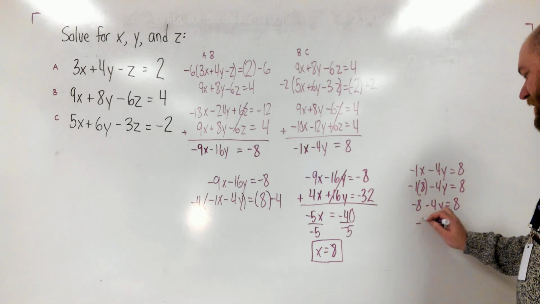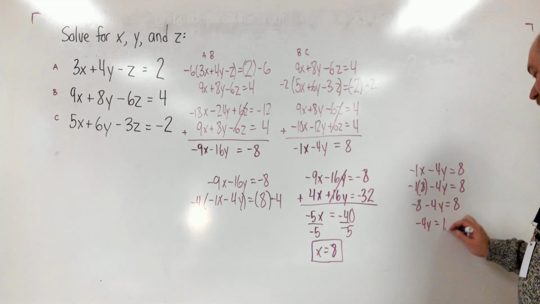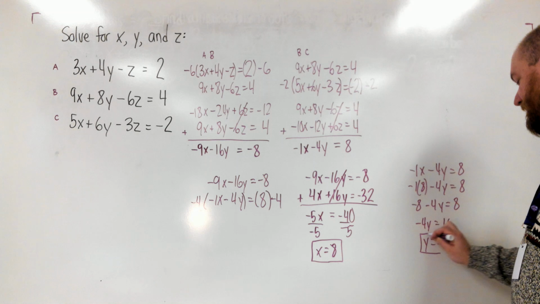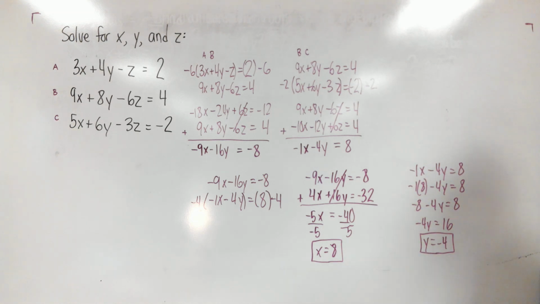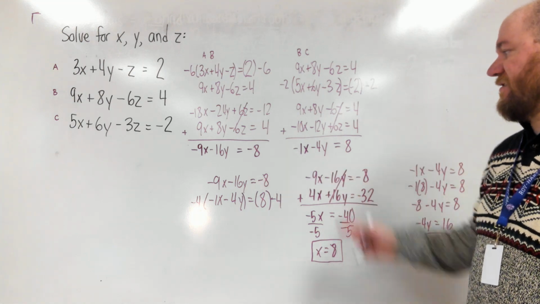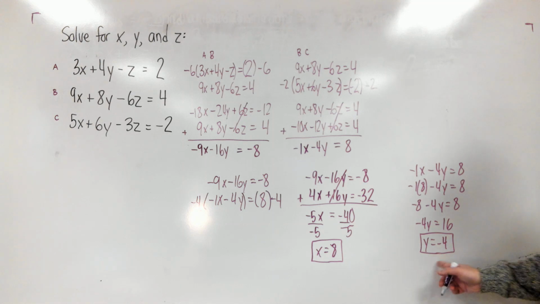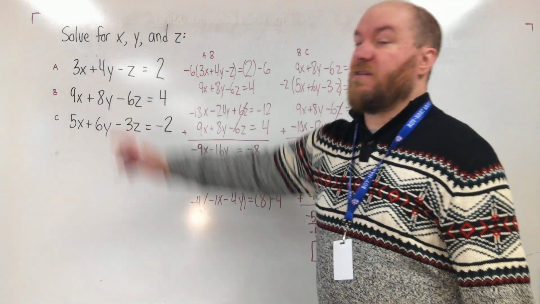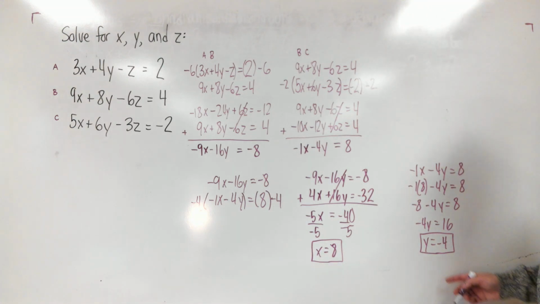Move that to this side, you get 16, and y is negative 4. Almost done. Once you have one variable, you go back to these two and plug it in to find the second variable. And once you have both x and y, go back to one of the original equations to find the third one.